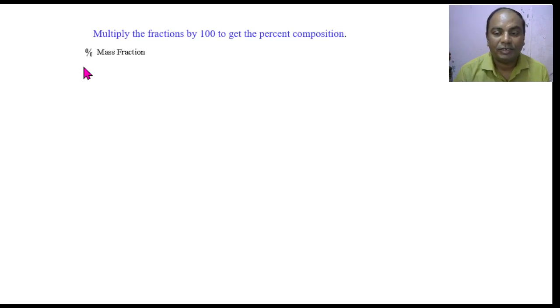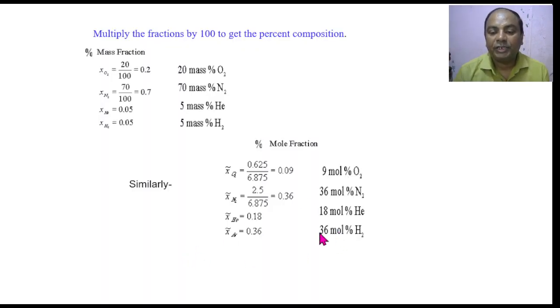You can see that the percentage of hydrogen is 36 mole percent. That means the mole percentage of hydrogen is more than the mole percent of oxygen, even though the amount of oxygen was more in the stream.